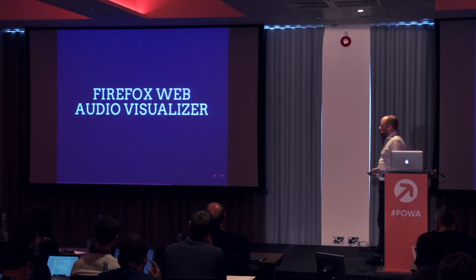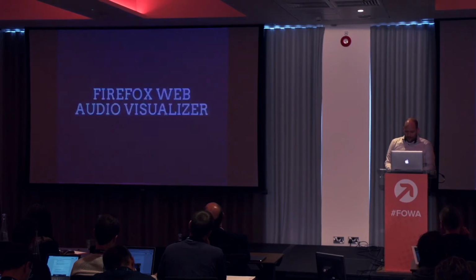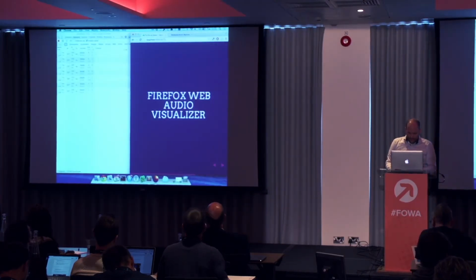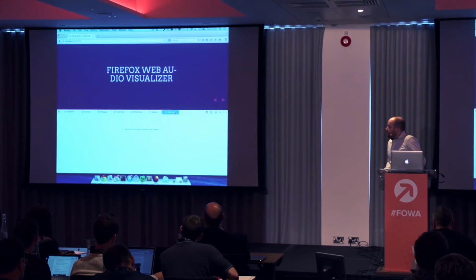This all may look a bit confusing, and that's why in Firefox Aurora they made a web audio visualizer, and I'm going to show you that because it makes a whole lot of it more clear. I've opened the web inspector here on the web audio tab.